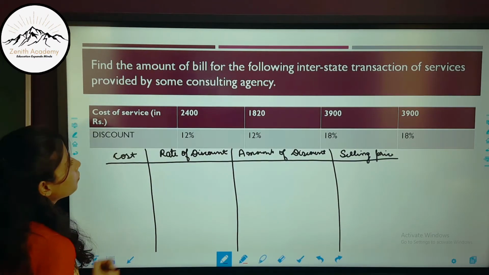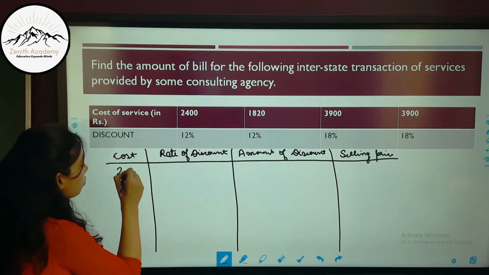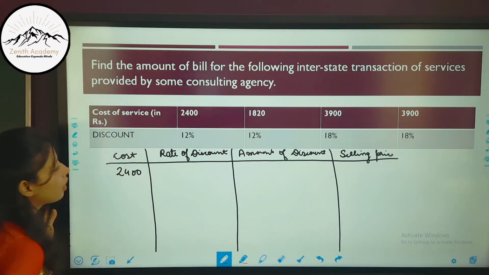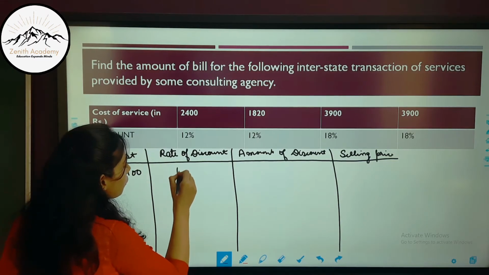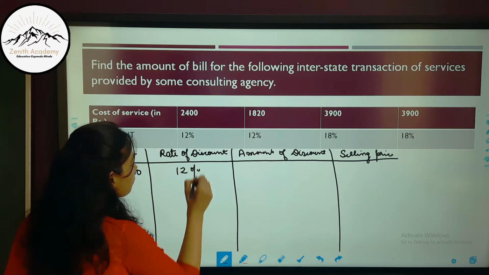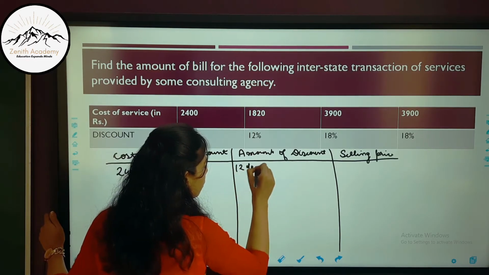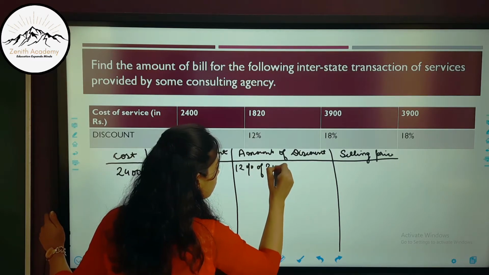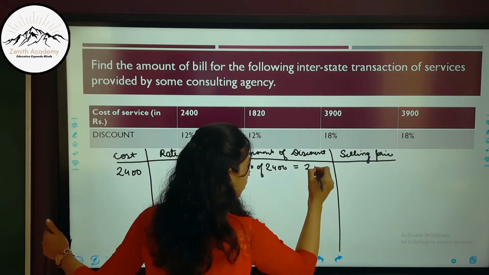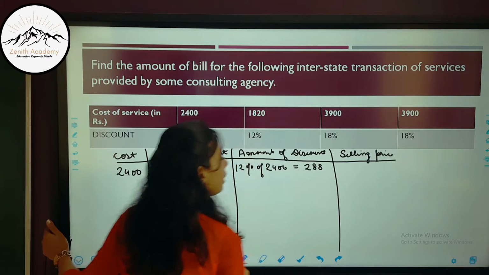So let's begin. First is 2,400. Rate of discount given is 12%. So amount of discount will be 12% of 2,400, which will give us 288.